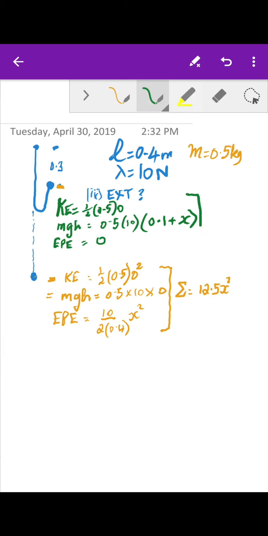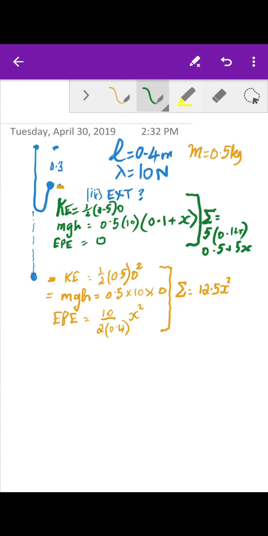So the sum in this system is simply 5 times 0.1 plus x. And we'll just say 0.5 plus 5x.